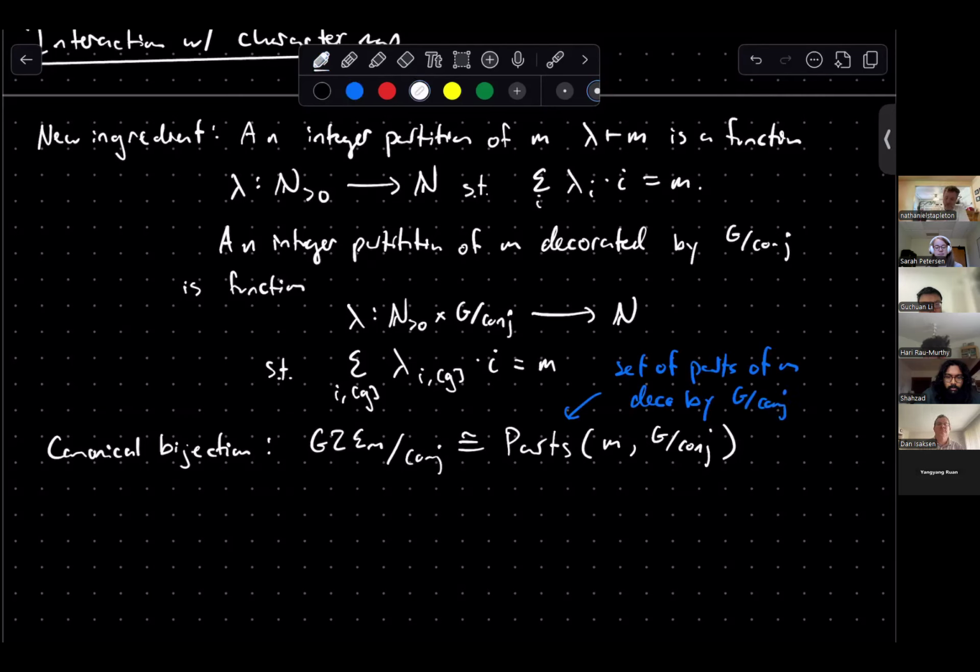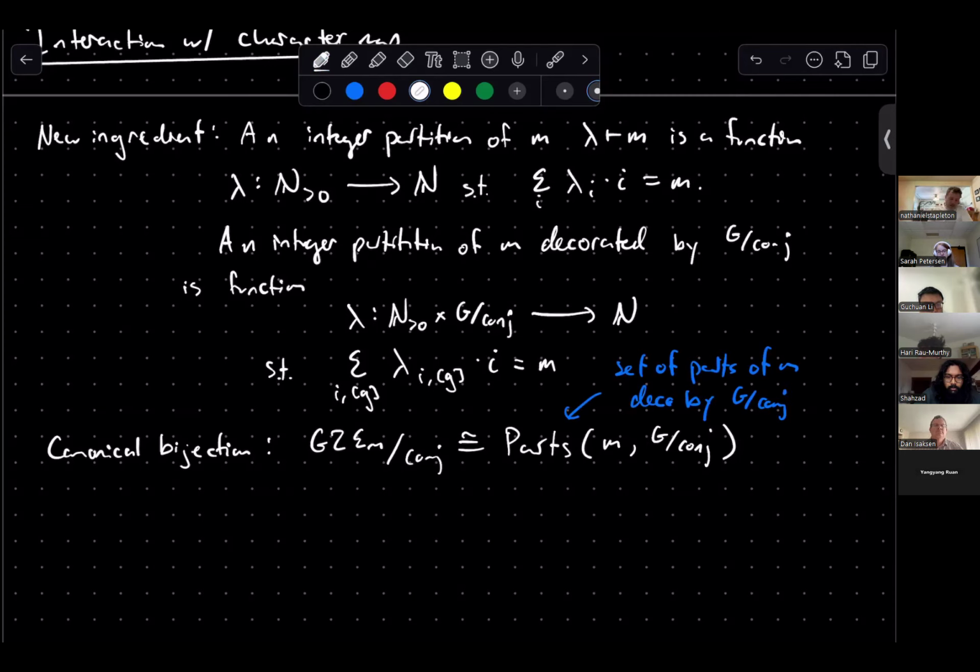And this is really useful because it's annoying to think about conjugacy classes in G wreath sigma m. That data is just much more compactly expressed as one of these decorated partitions. You'll see how this is useful in just a second.